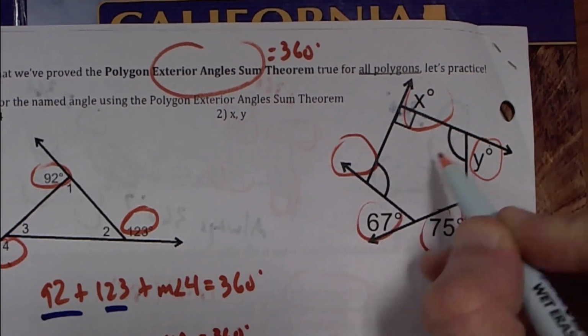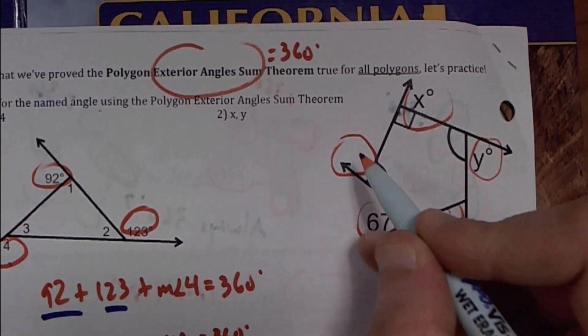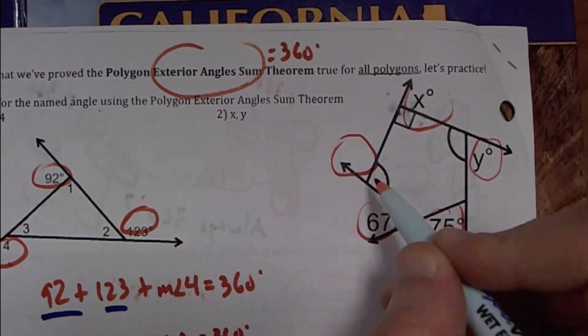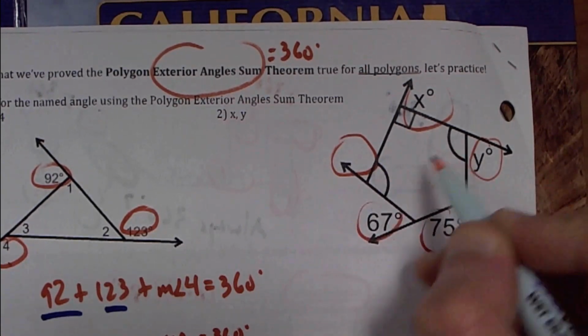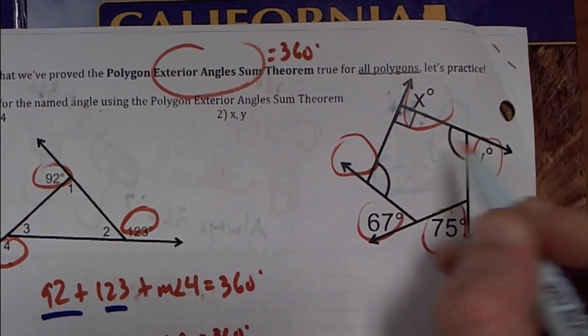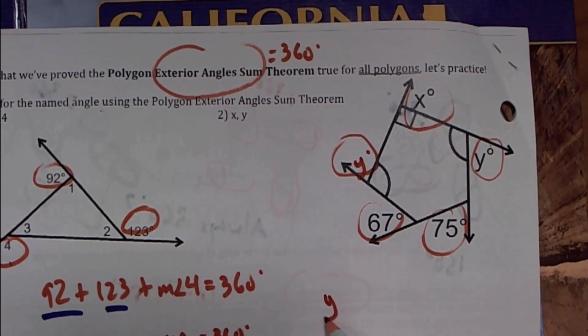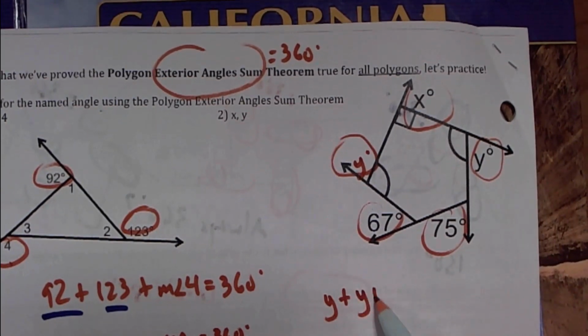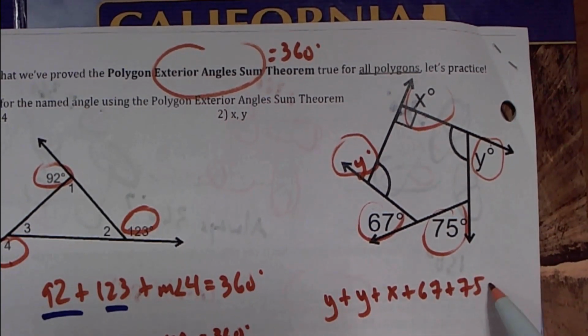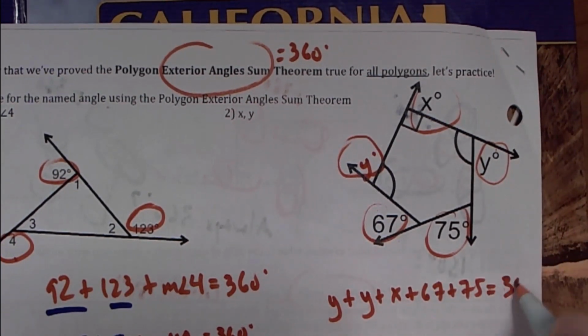No, because see the arc, I don't know how much they are, but because they're both supplementary here, and these are equal by the congruent supplements theorem, this has to be equal to this, so I can call this y. Okay? So y plus x plus 67 plus 75 equals, again exterior angles, always 360.